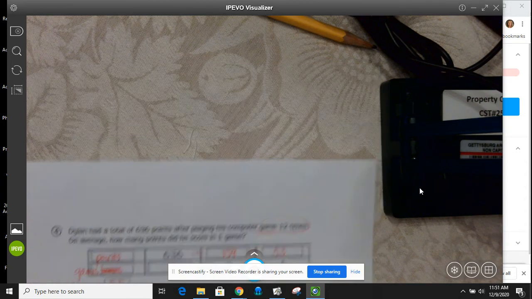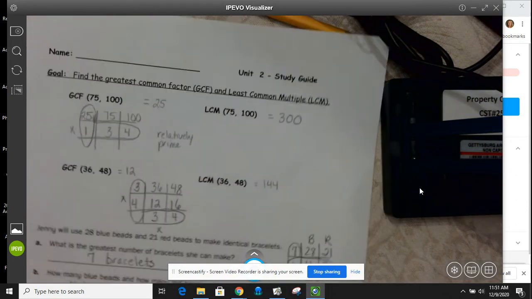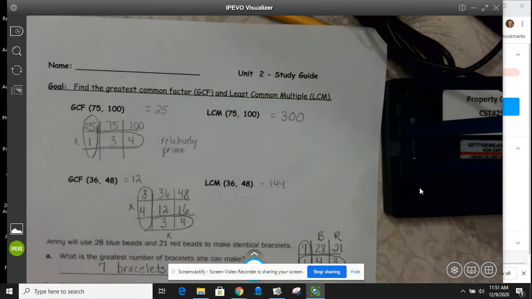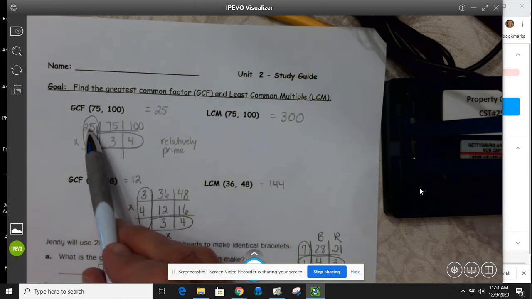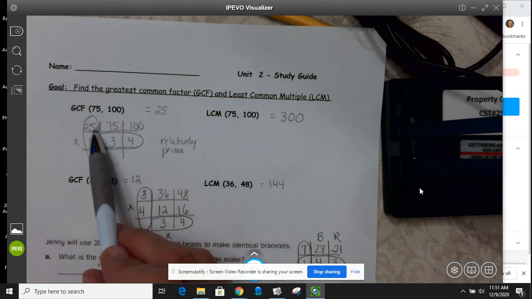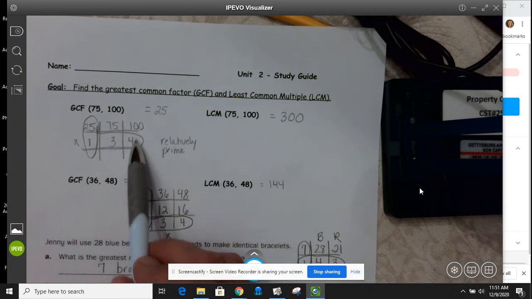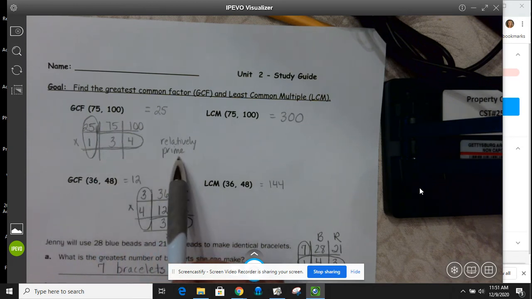All right, so lastly, your GCF and LCM, if you forget how to do that, I have these set up. So I set up the grids, and you can divide. Remember, you find something to divide 75 and 100 into. You may have divided by 5, which would have given you different numbers down here, and you would have had to divide again, and eventually you would have gotten your relatively prime numbers.